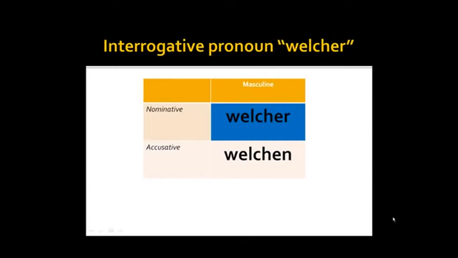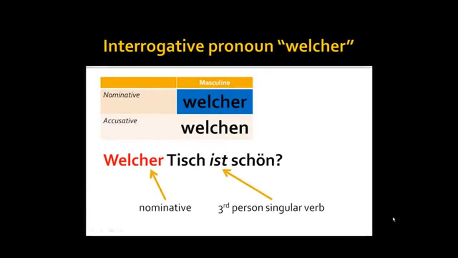The stem, the root of the der word, or here interrogative pronoun welch, in the nominative case adds an er ending. In the accusative case, it changes to add an en ending. So let's take a look at that in some examples. Welcher Tisch ist schön? Which table is beautiful?